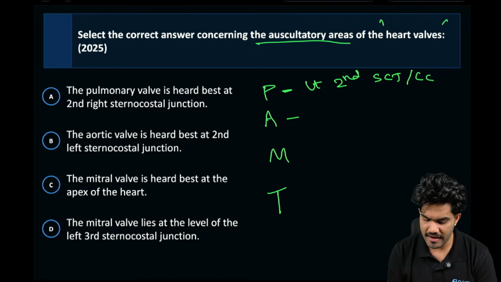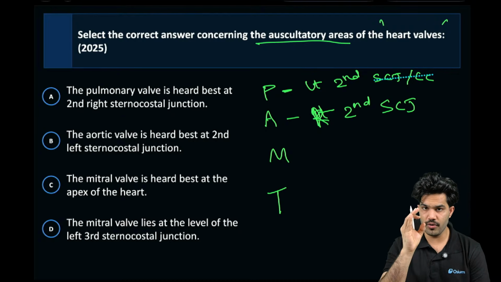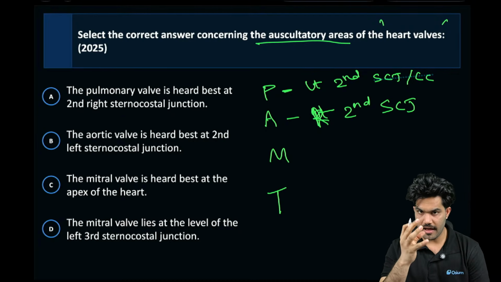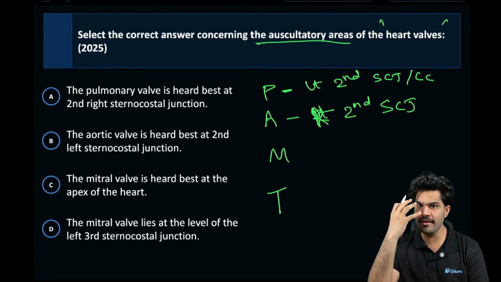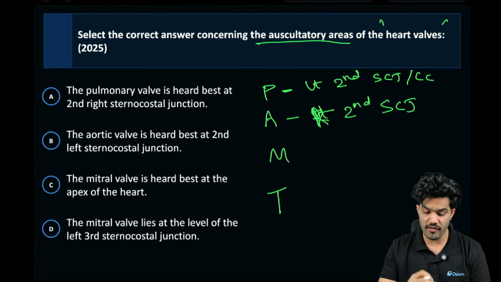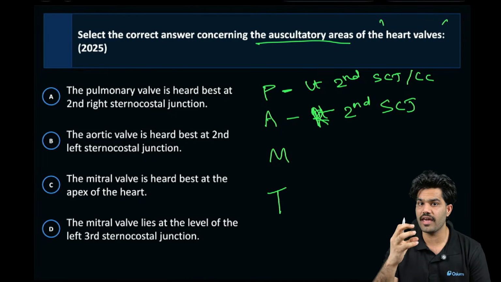For the aortic valve, we have the right second sternocostal junction. Don't confuse. If you hear aorta, you will think about the left side, but now we are talking about where we are hearing it, the auscultatory area.